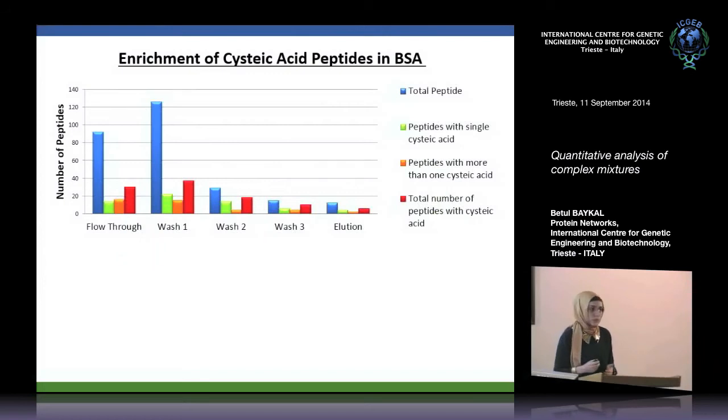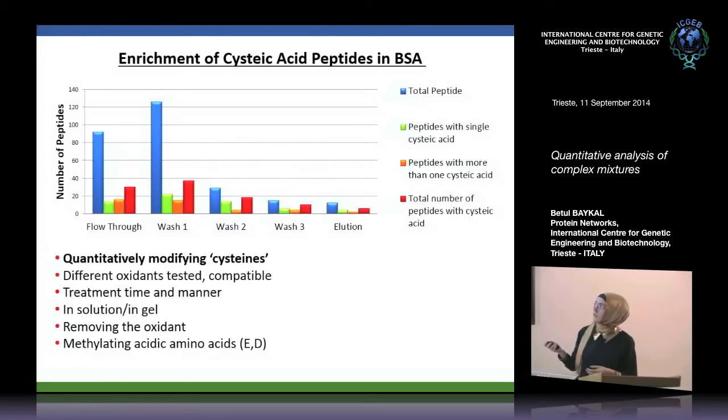So we first tried it with a strong cation exchange, and it failed actually because we expected to see peptides with cysteic acid, which are in a red column, will be here, but most of the things were coming in the earlier steps. And what's also important, we were not seeing many cysteic acid containing peptides, and we had a problem with quantitatively modifying cysteines.